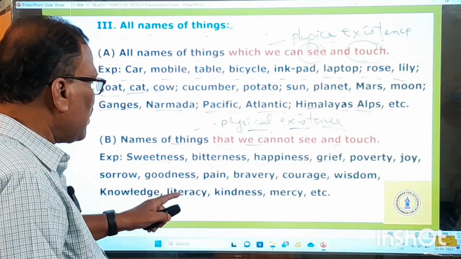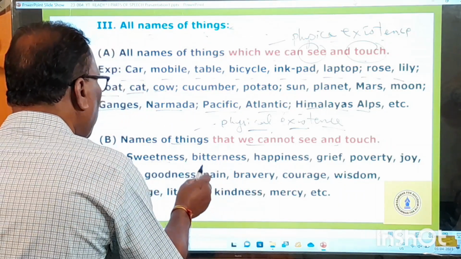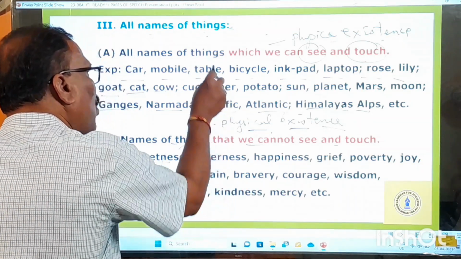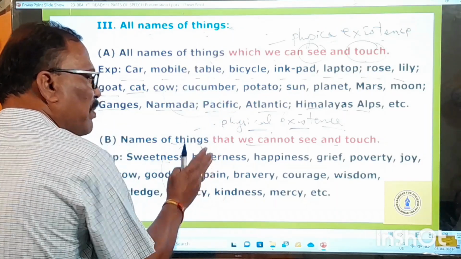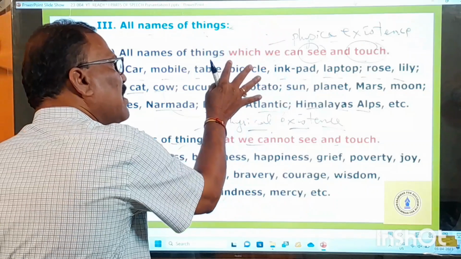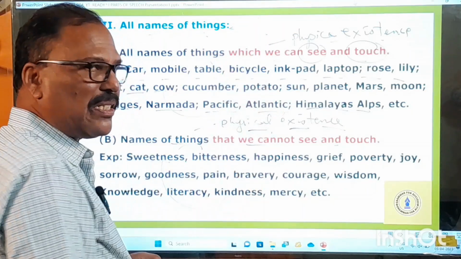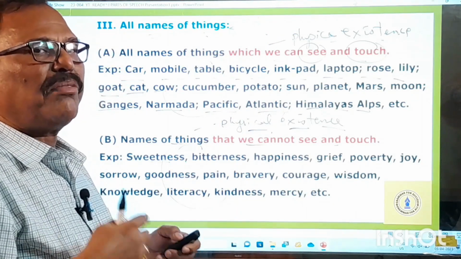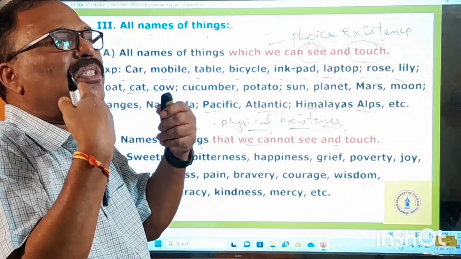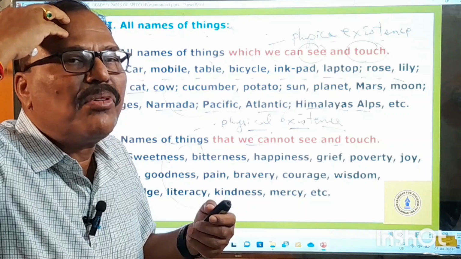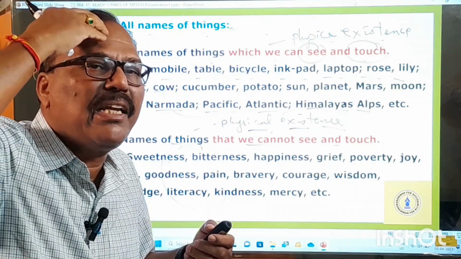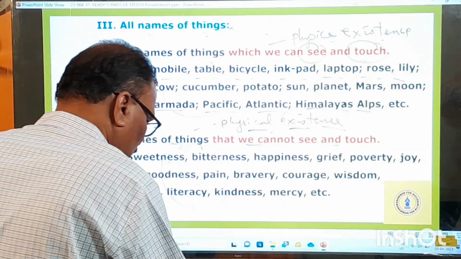Literacy, kindness, mercy, all these nouns are different from all these things. They can be seen and touched; they have physical existence. These cannot be seen; they do not have physical existence. You have to visualize them only in your mental eye, only on your mental screen. Okay, right. And this is the point.